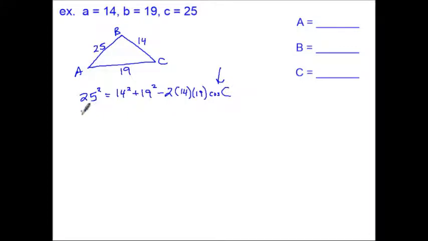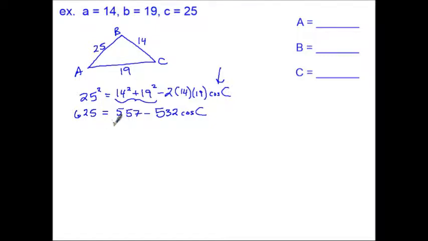25 squared is 625. Then, just for time's sake, I'm going to put 14 squared and 19 squared together right now, and that works out to be 557. One of these days I'll learn not to use too many 5s in a problem. Then 2 times 14 times 19 is 532, times cosine C. The mistake that's commonly made here is that people try to subtract these two, but there's a cosine attached to the 532 and not to the 557, so you can't.